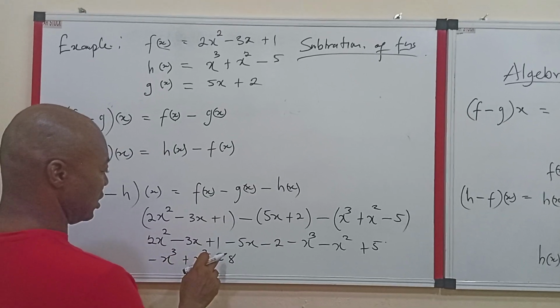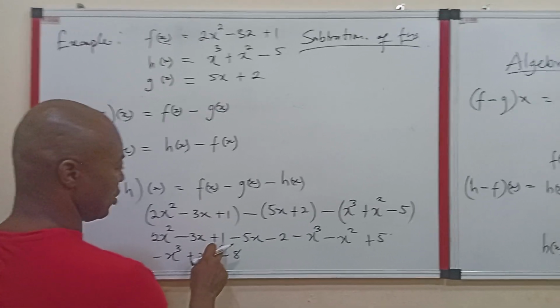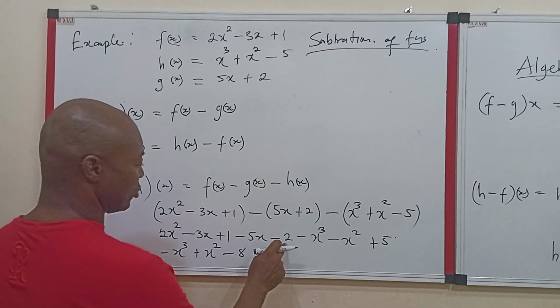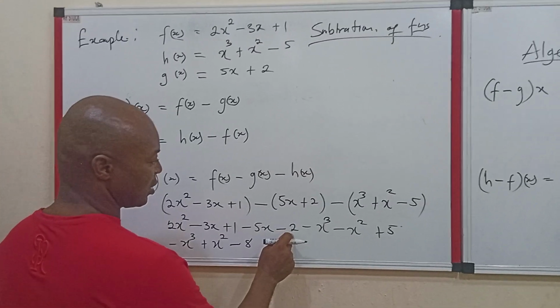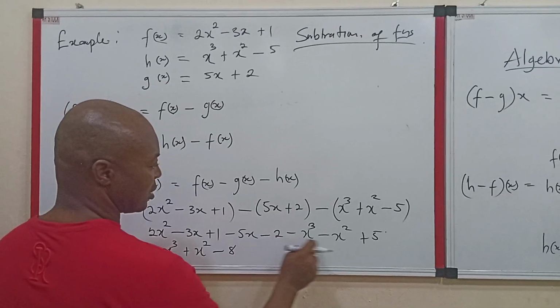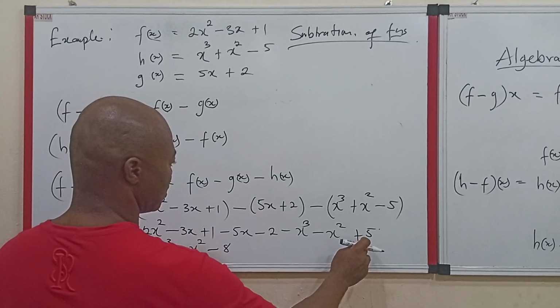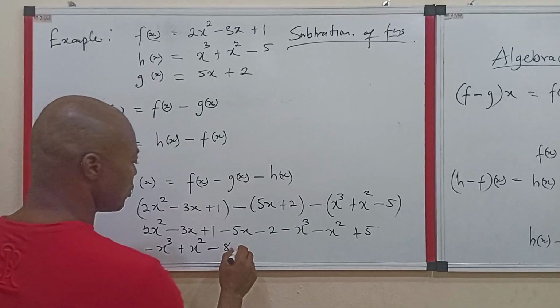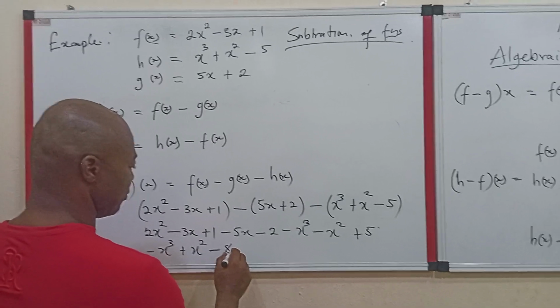Then the other one is the constant terms, which is plus 1 minus 2, which is minus 1. Minus 1 plus 3 will give us plus 4. So we have plus 4.